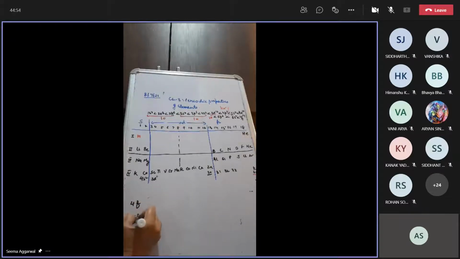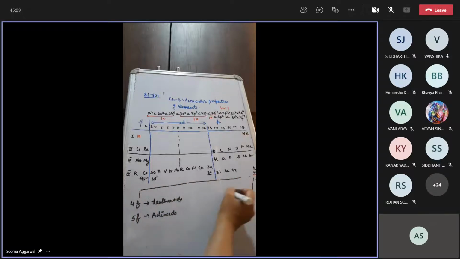One of them is 4f and the other is 5f. 4f is called lanthanide and 5f is called actinide. So here we are taking 14 elements at the bottom which are called F block elements.